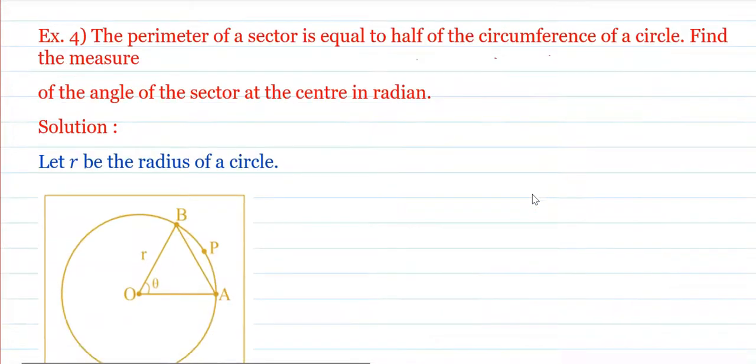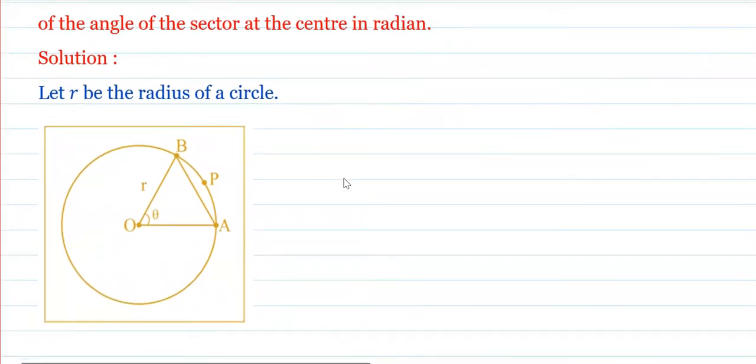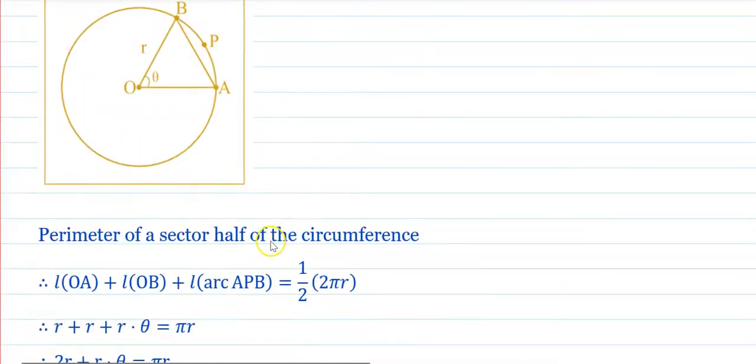Circumference of a circle is 2 pi r. Let r be the radius of the circle. Now the perimeter of the sector is half of the circumference.